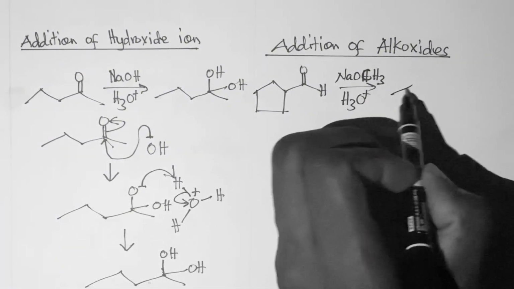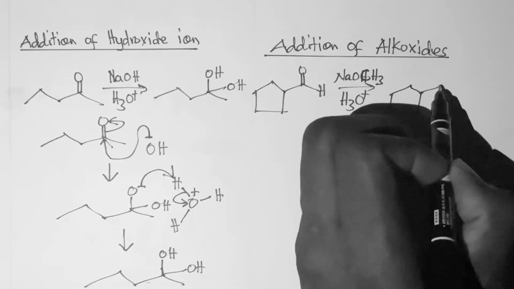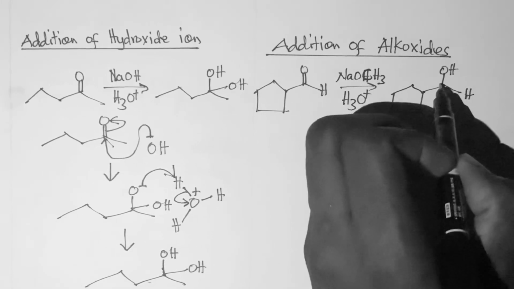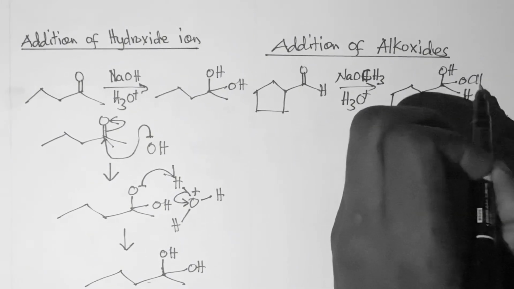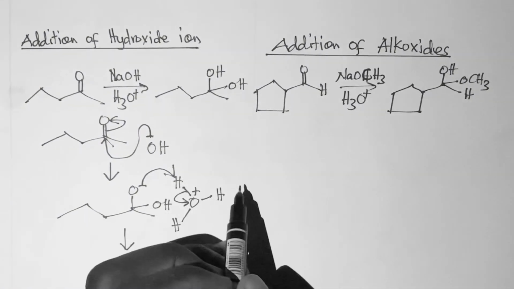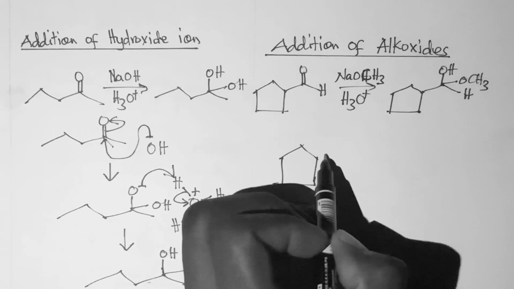So this will lead us to this product. There is always one kind of product you are going to form, and it is this product. This is the nucleophilic part. Let's show it by reaction mechanism.